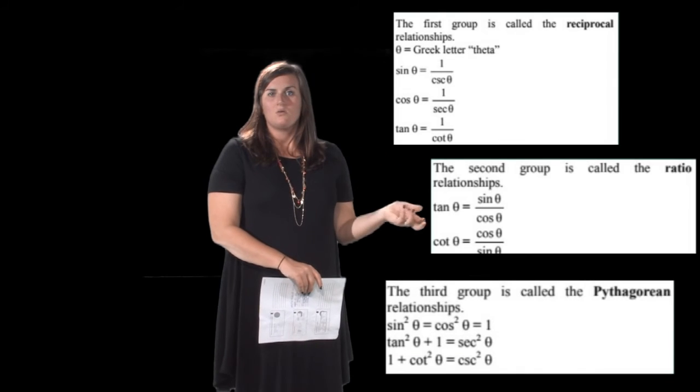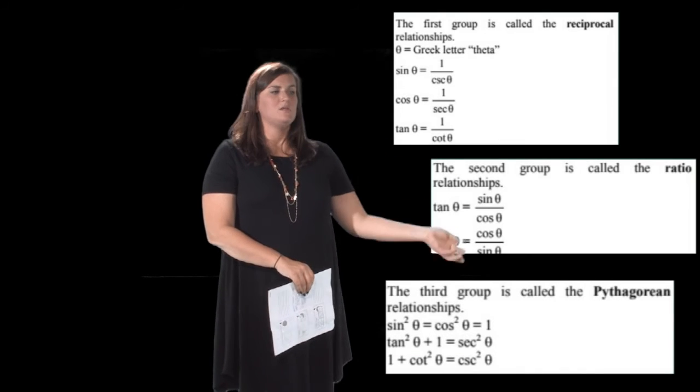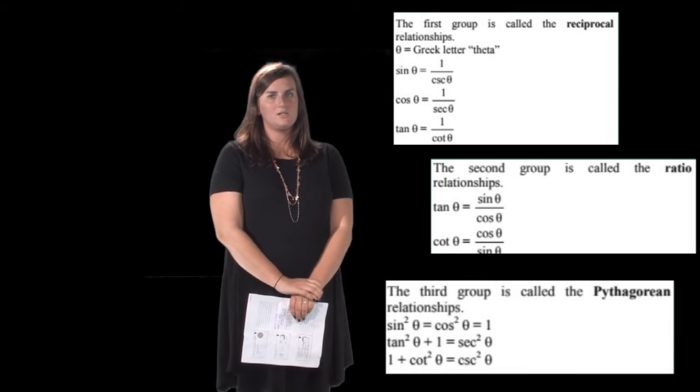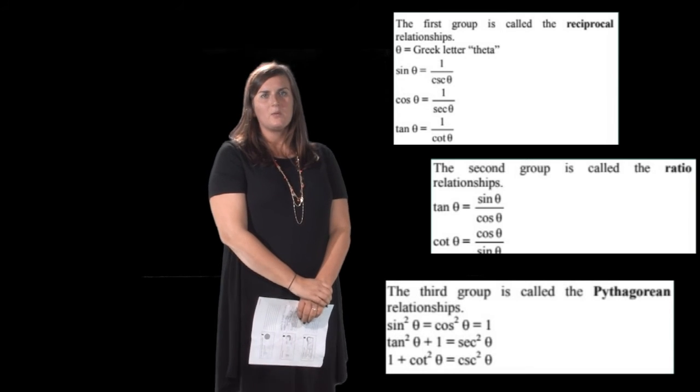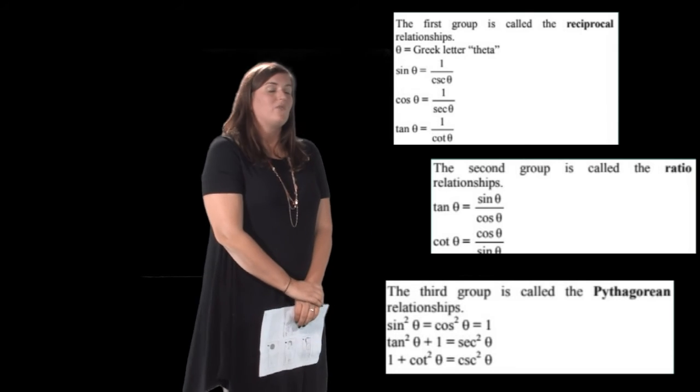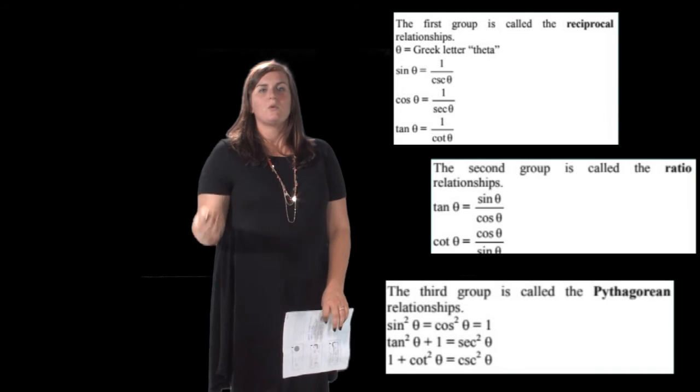You'll also see the reciprocal identities down here, and then it goes even further into the Pythagorean identities using trig functions. So you'll see the top one, sine squared plus cosine squared equals 1, which is really helpful. If I can remember that one, then I can always remember the other two.